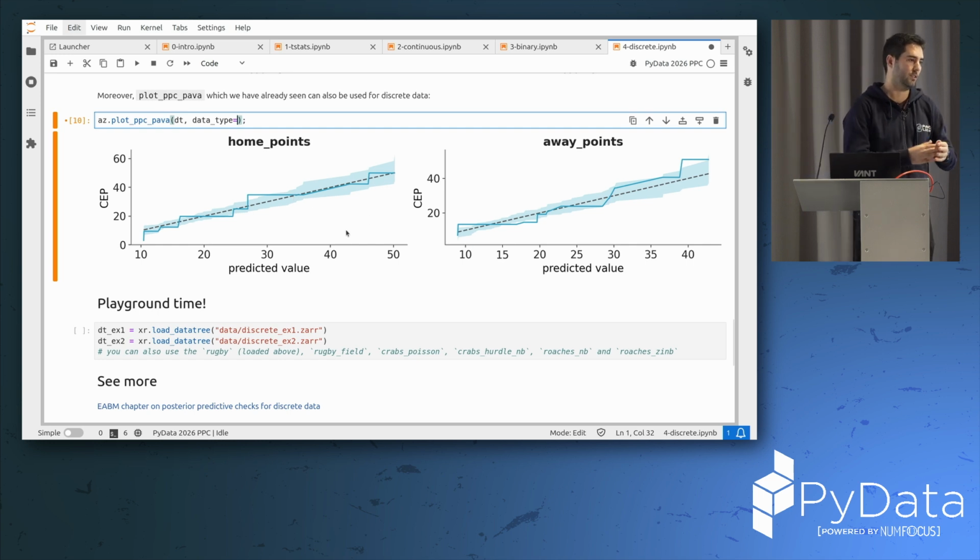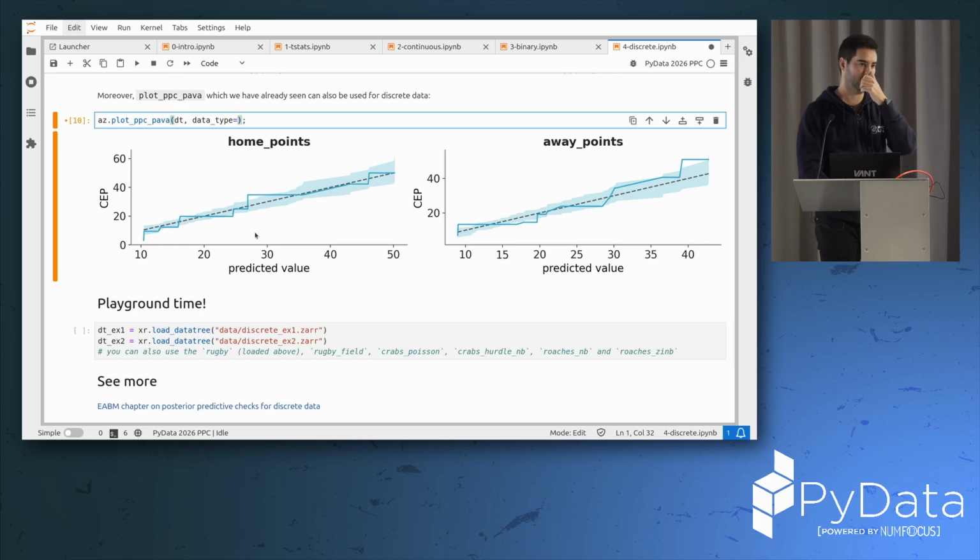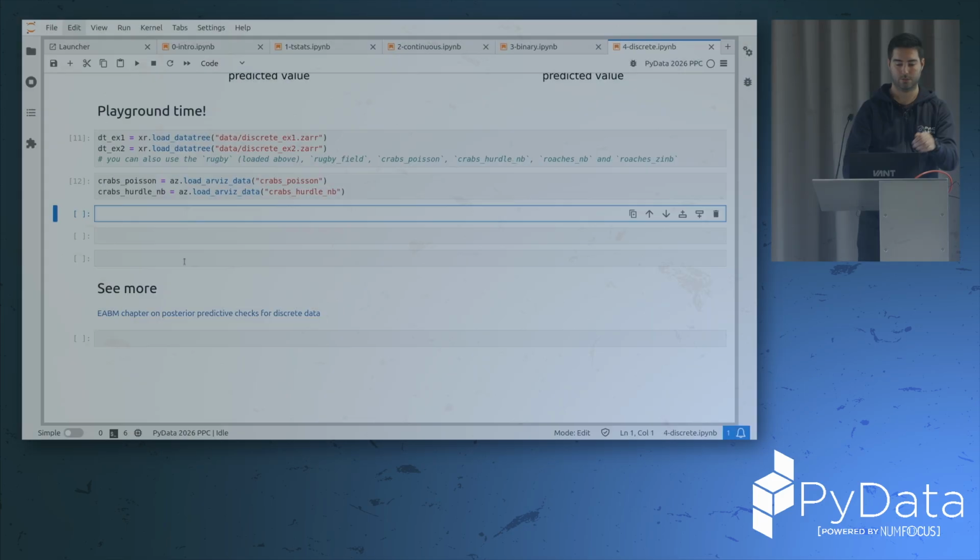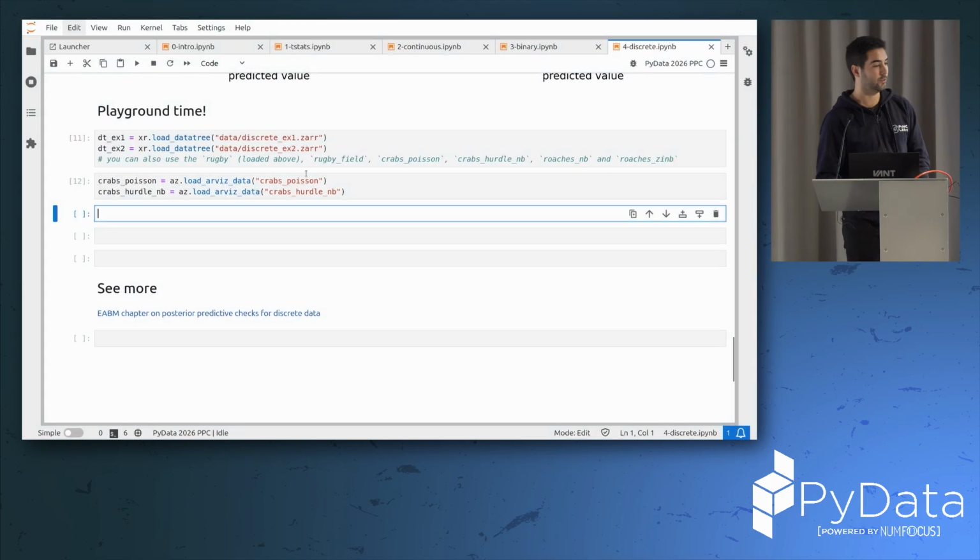The main issue is that if you have a lot of categories, you'll have too many plots to look at. So you might want to start with a confusion matrix and then generate the calibration plots for the problematic ones. So these are two models fitted on the same data, the crabs, and it's usually what we use to showcase the rootogram.